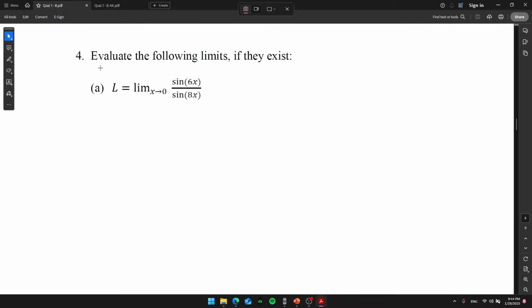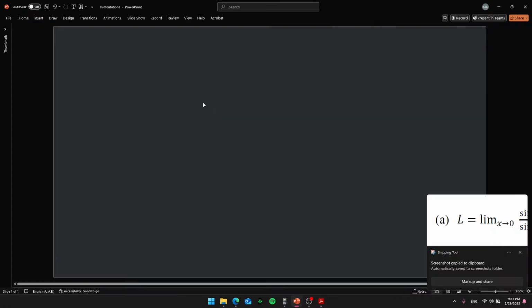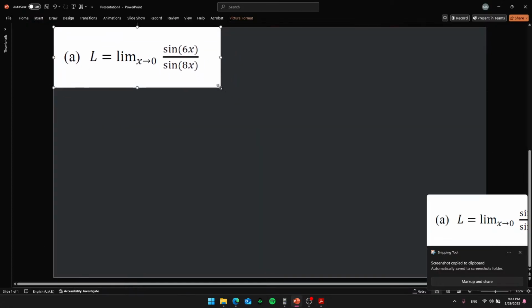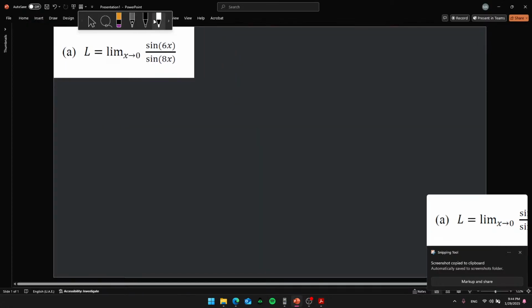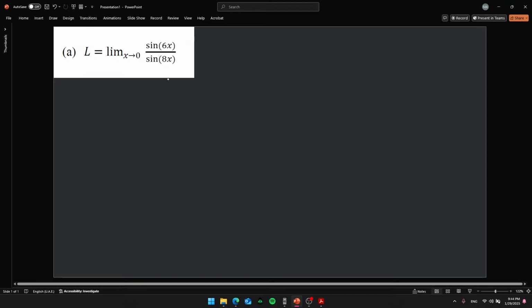Next. Oh, some people will say 6 over 8, but it's not acceptable in the test, or you will get only the mark for the answer. But you have to justify your answer, okay? So if you go ahead and plug in 0, you'll get 0 over 0. So the limit of sine 6x over sine 8x.